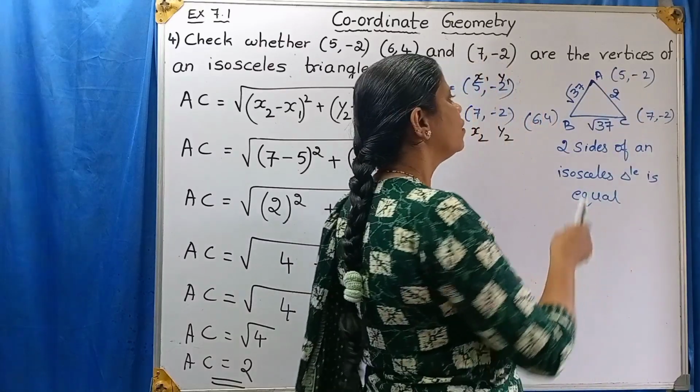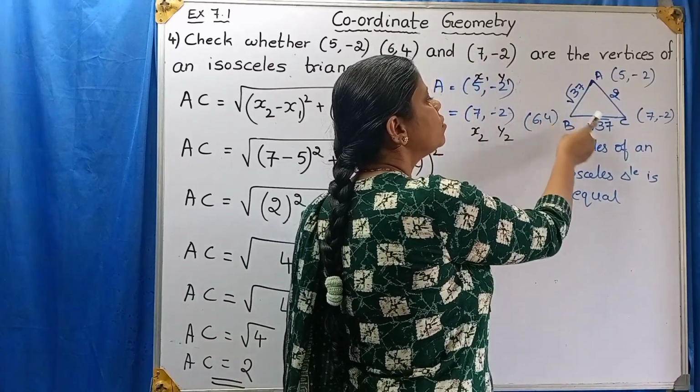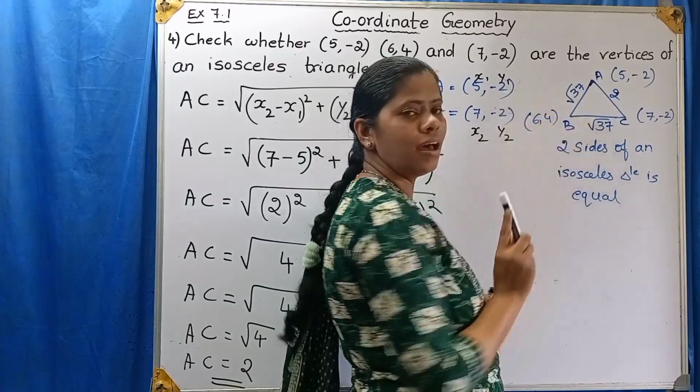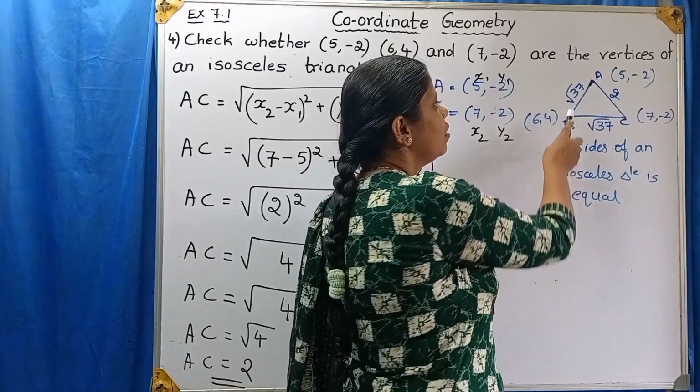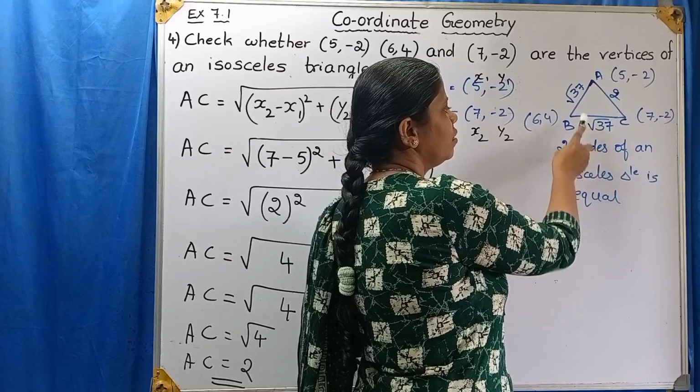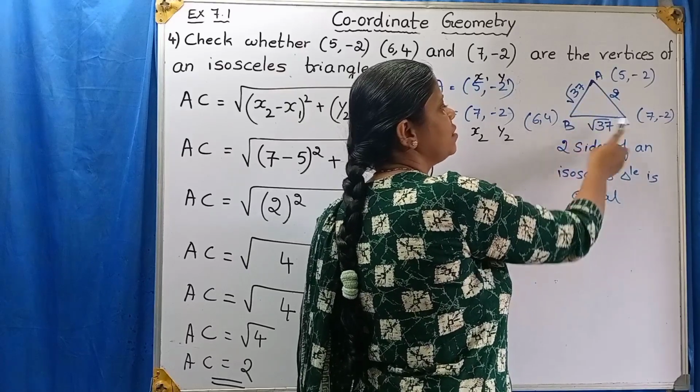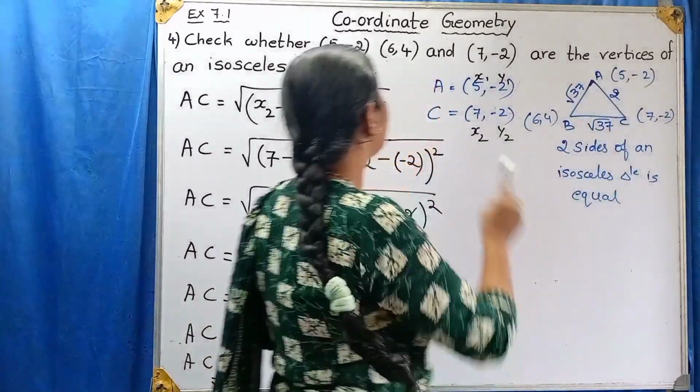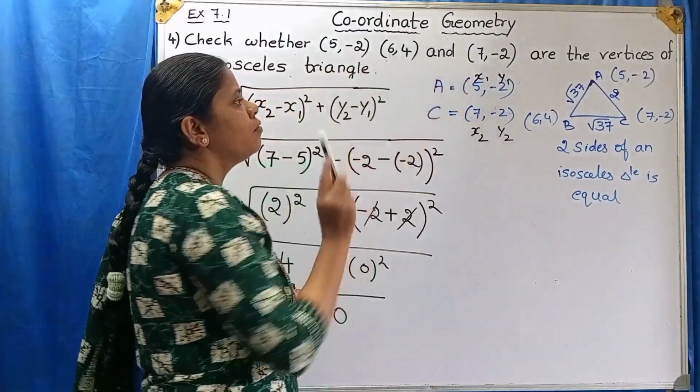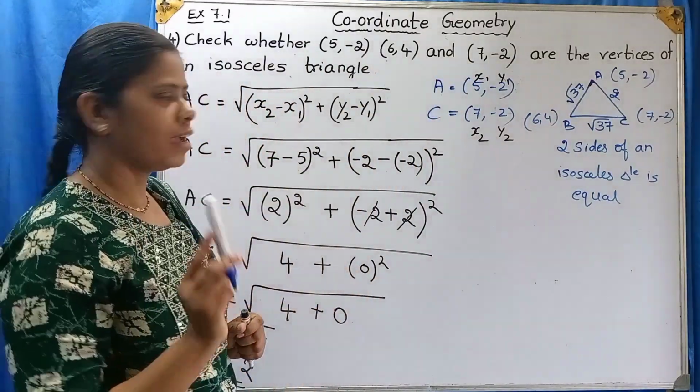Now look at this. Here the two sides of an isosceles triangle are equal. Root 37, root 37, that is AB is equal to BC. Therefore, the given vertices are the vertices of an isosceles triangle.